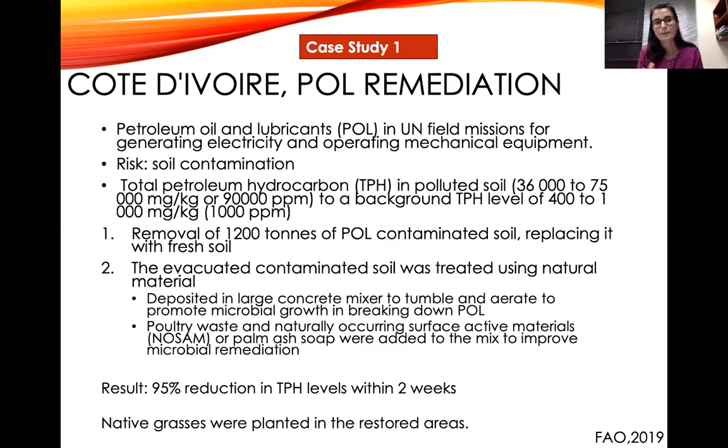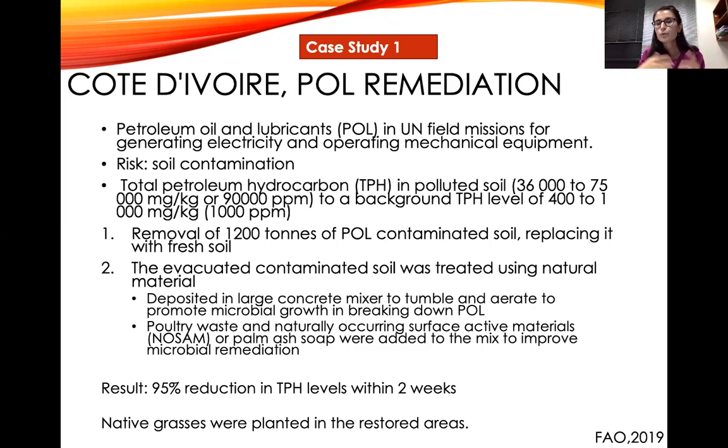So this is Côte d'Ivoire, if I'm pronouncing it right. It's somewhere in Africa. They had a petroleum oil and lubricants problem, and the major reason for that was the UN was always there. They have a lot of peace instability, and therefore the UN peace mission goes there and works there all the time, which means that they take a lot of mechanical stuff with them, or they need temporary residences where electricity and mechanical operations are required.